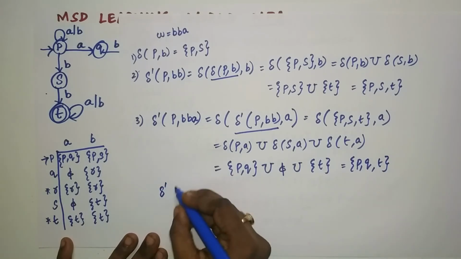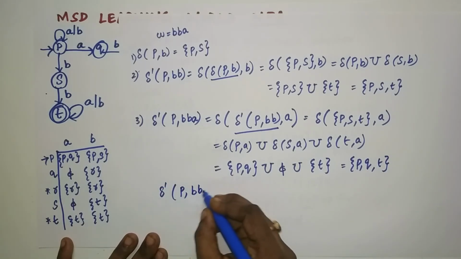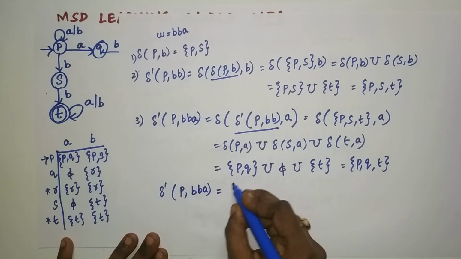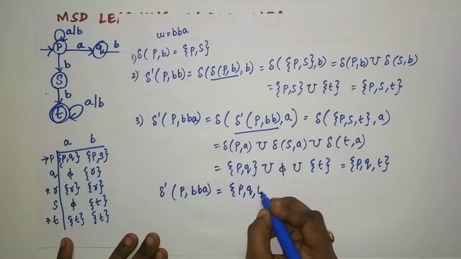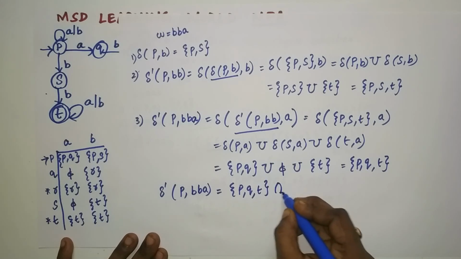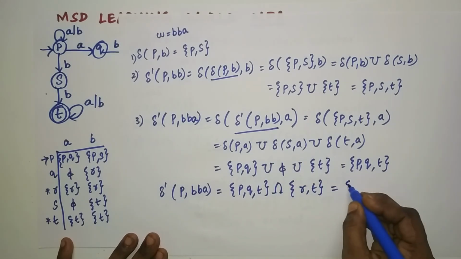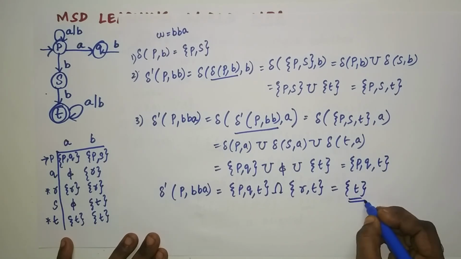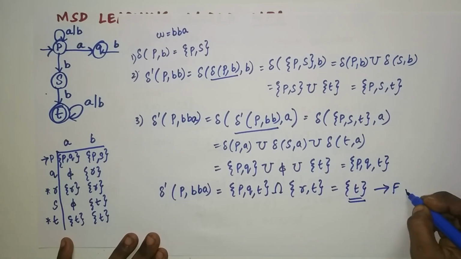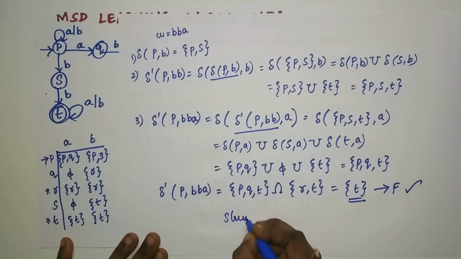So del dash of P comma BBA equals {P, Q, T}, and its intersection with the final states R comma T is T. T is also a final state, so the string is accepted.